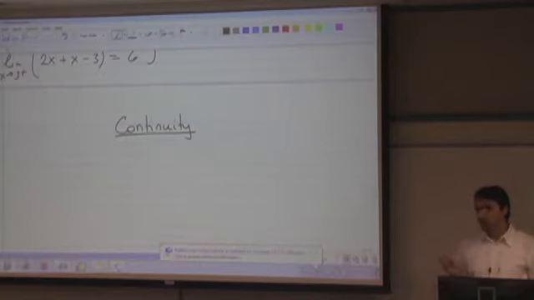Now, that's not necessarily sufficient. Why? Because, as I said last time, we're actually going to try and graph functions as time passes. So sometimes you don't know what the graph of the function is, so how can you tell if a function is continuous or not if you don't know what the graph is? So guess what we're going to use to figure out if a function is continuous or not?